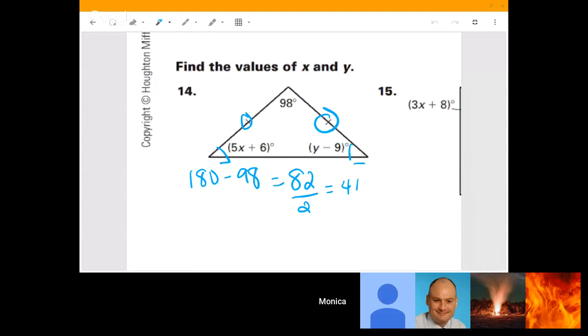Since we have those two sides marked congruent, what does that tell us about the two angles across from them, opposite those sides? Yes, so those two angles are congruent. And then what do we know about the interior angles of a triangle?